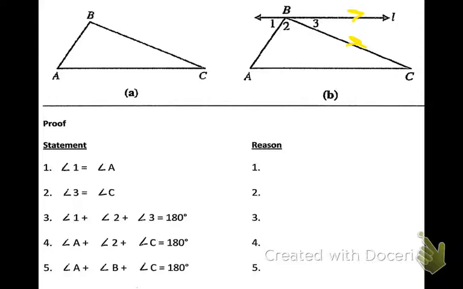Alright. So, first step. How do I know that angle 1 is congruent to angle A? 1 and A are congruent. How do I know that? Yes, Eli. Yes, alternate interior angles. How do I know that 3 is congruent to C?